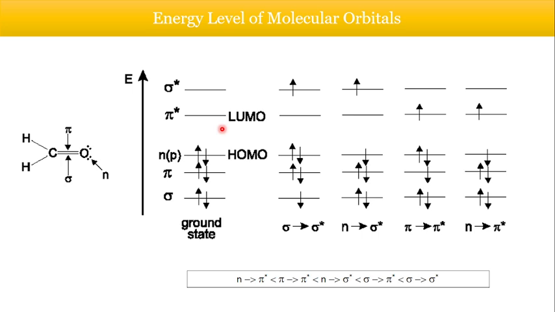We need to keep one thing in mind: unless our lower energy levels are filled up, we cannot fill up the higher orbitals. These are the cases of excitation, but these are not the cases where the electrons can be filled randomly. The random filling of electrons is not possible over here.